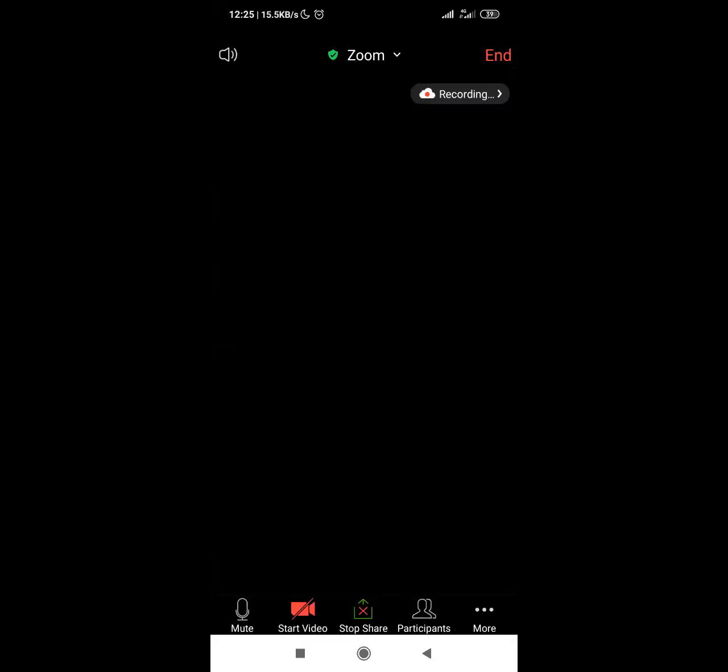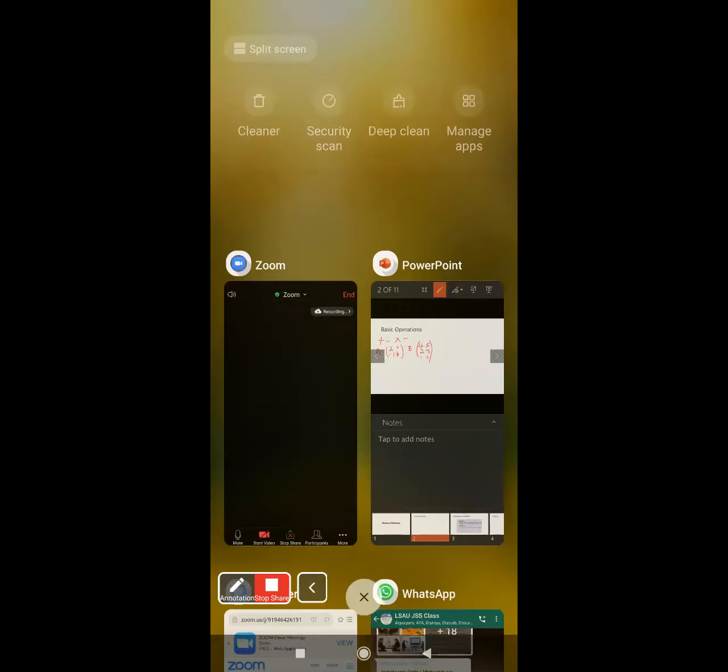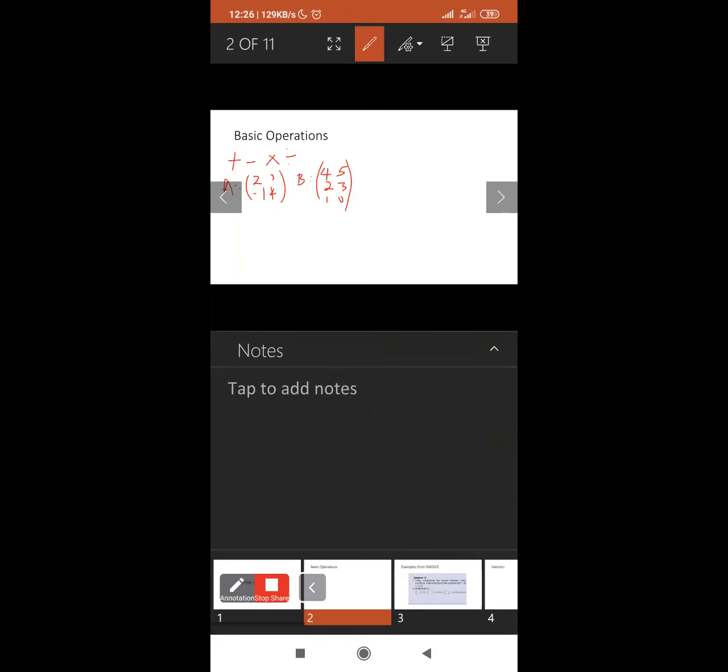So can you add A and B together? I can't see the screen. You can't see the screen? Yes. Sorry, I'm not sharing. Okay. I was too quick to show it.